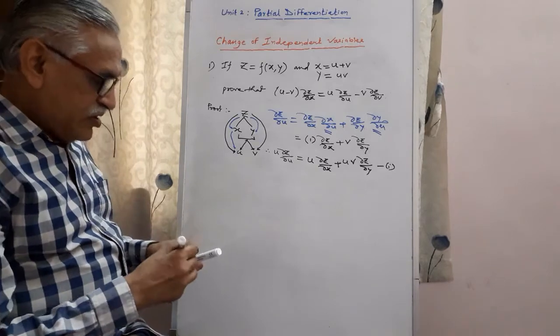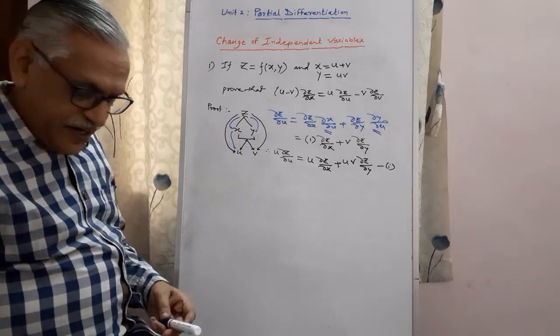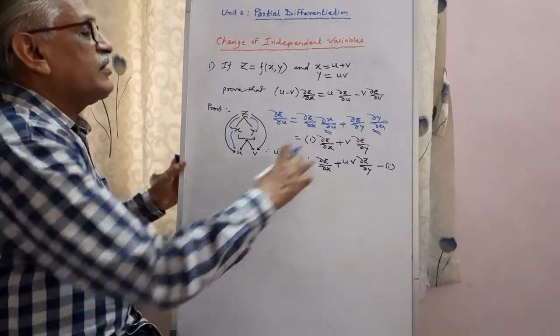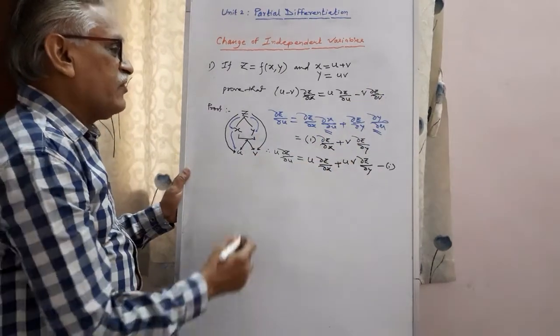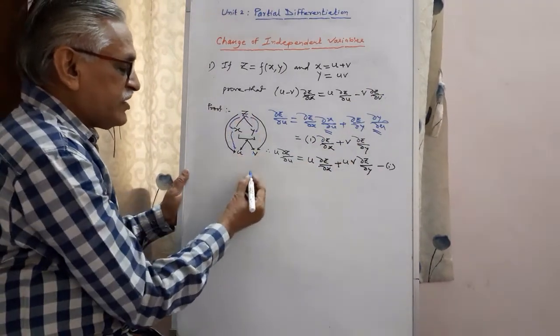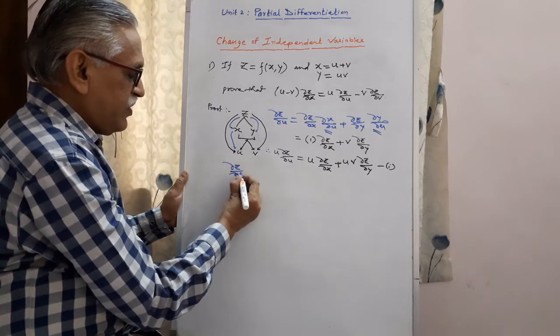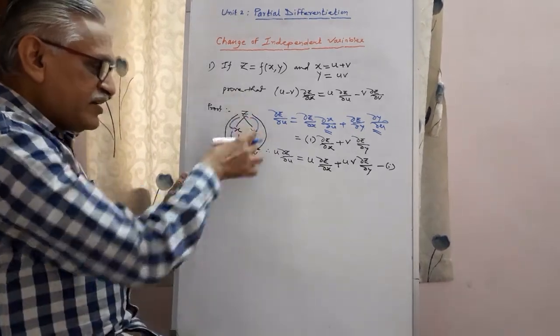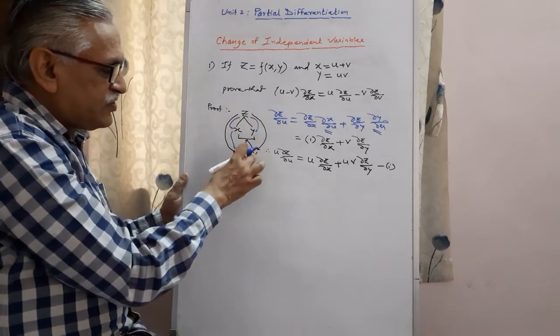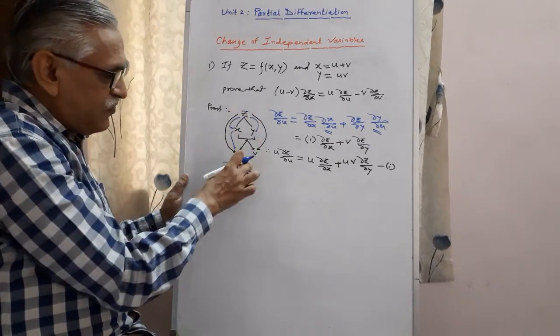Half part is over. Then we find the second change of independent variable. Z we have to differentiate with respect to v. Directly it is not possible because it is not a function of v directly. It is a function of function.